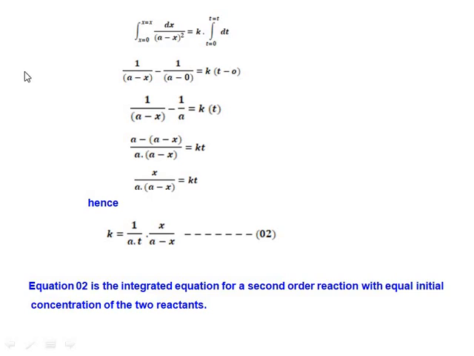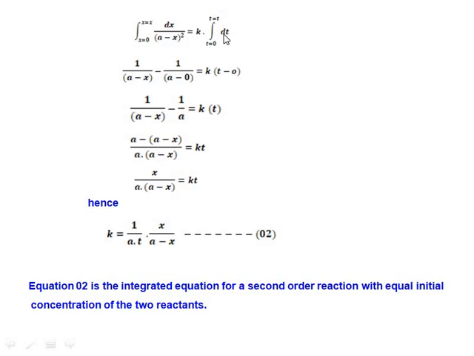Integrating, x from 0 to x of dx upon (a minus x) squared is equal to k times the integral of dt from t equal to 0 to t.